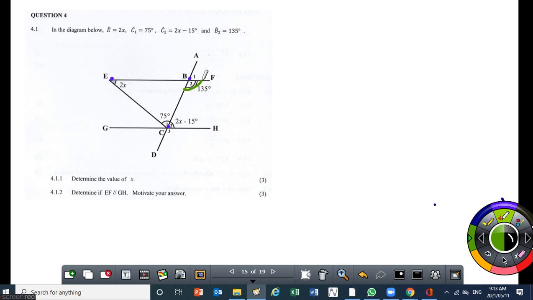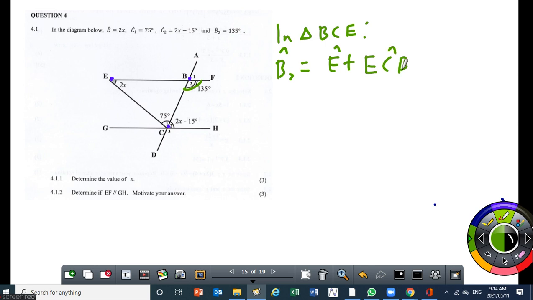So I'll say in triangle BCE, B2, which is equal to 135, is equal to, let me write it first as it's equal to angle E plus angle ECB. ECB is this angle here. That's equal to 75 degrees.